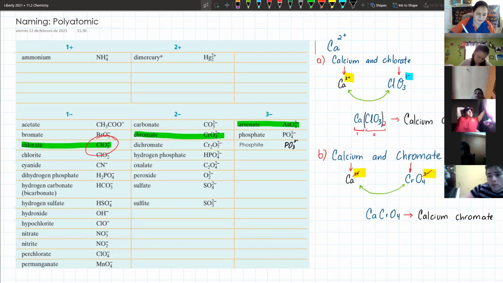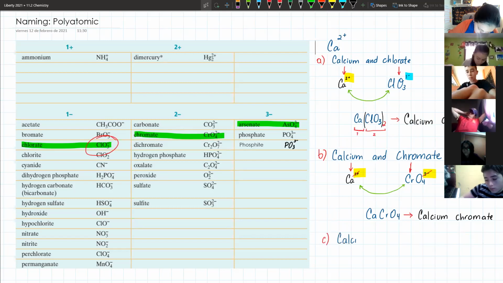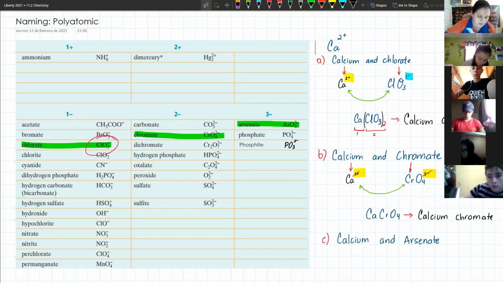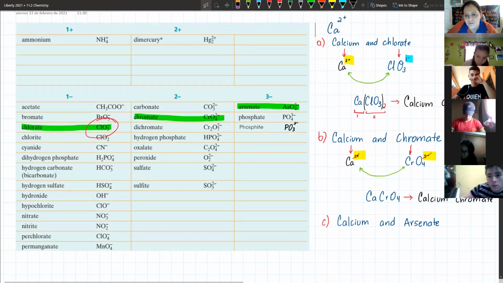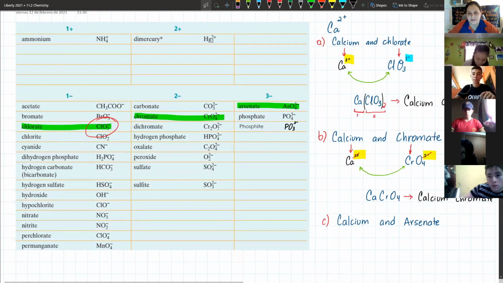Now let's try it with the other example. Calcium and arsenate.